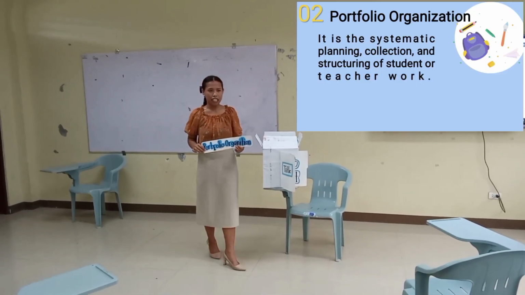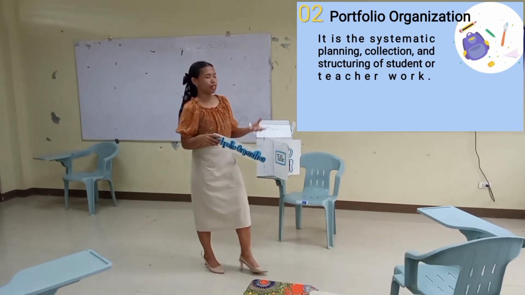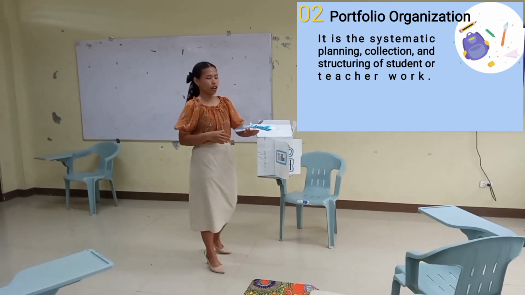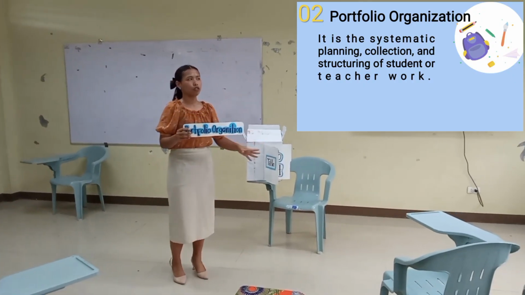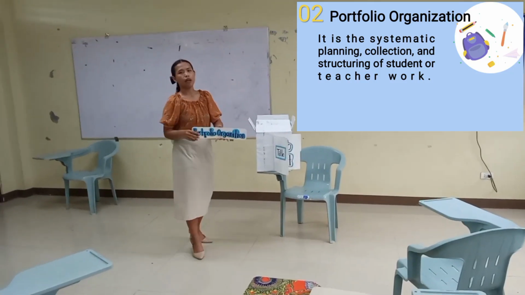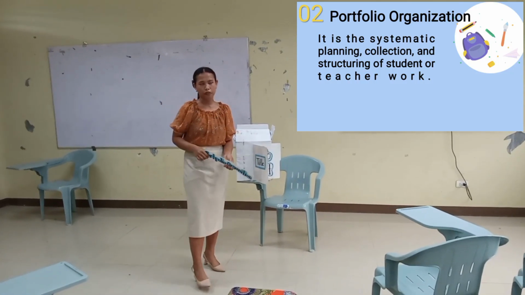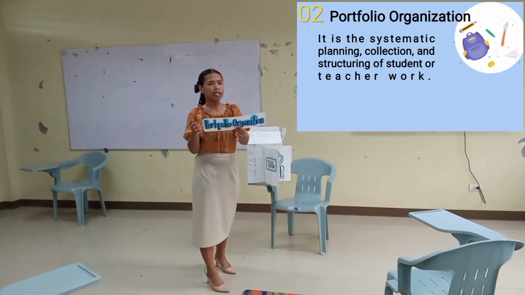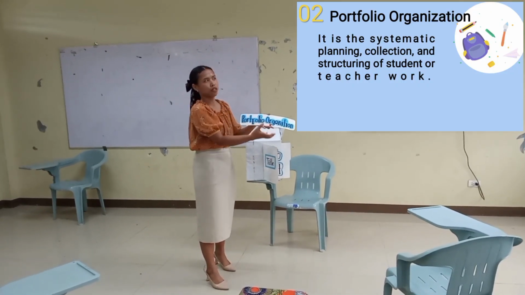Number two, portfolio organization. When you hear the word organization, what ideas do you have? From the word organization, it means the layout, or what would be the picture of the portfolio. It is talking about the cover page of the portfolio, which means it has the word portfolio and then a specific title.